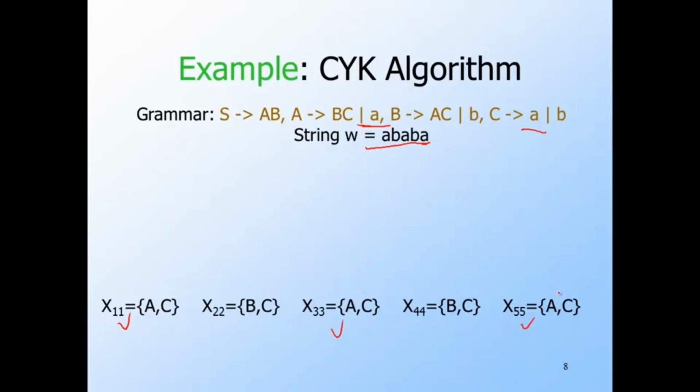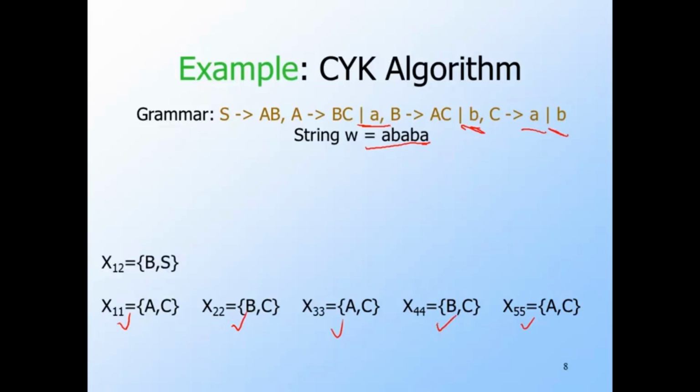For terminal b, we see body b in productions for B and C. That's here and here. Thus, if i is a position of w that holds b, X_ii will be {B, C}. That explains positions 2 and 4.